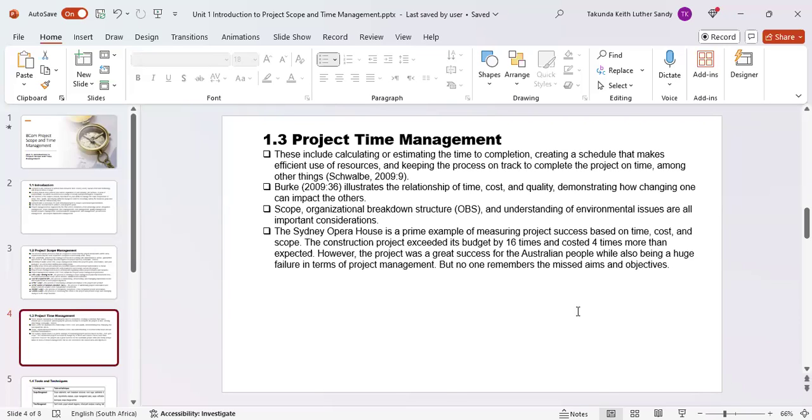If cost is affected, say there are budget cuts on a project, it means that the duration or time of a project is going to be affected also, and the scope is going to be affected. For example, a project required 10 billion rands and had maybe 15 deliverables that needed to be done.